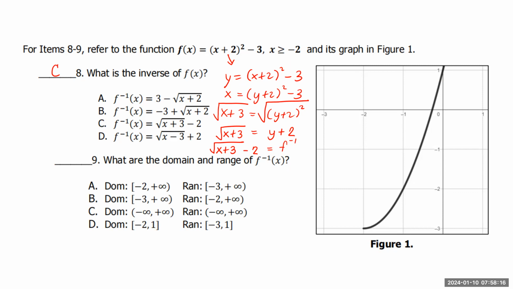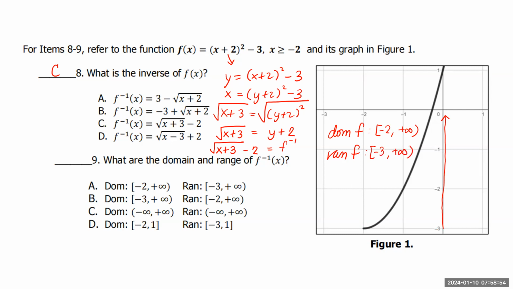Item 9, what are the domain and range of f inverse of x? To answer that, we need to find first the domain of f and the range of f. Given the graph of f, we just need to analyze the graph. The domain of figure 1 is from -2 up to +infinity. And for the range, from -3 upwards.